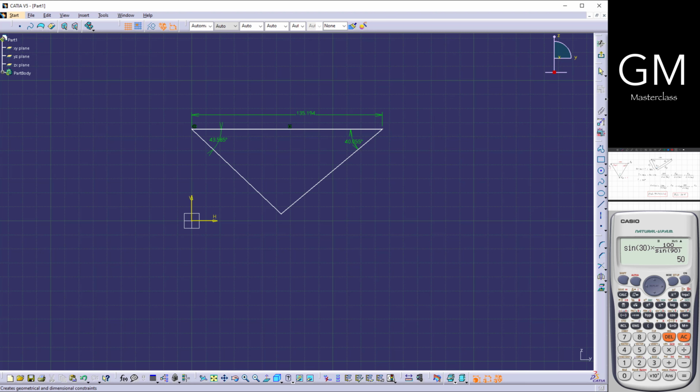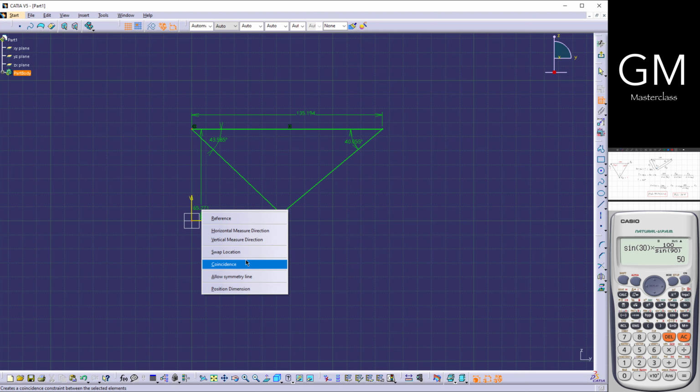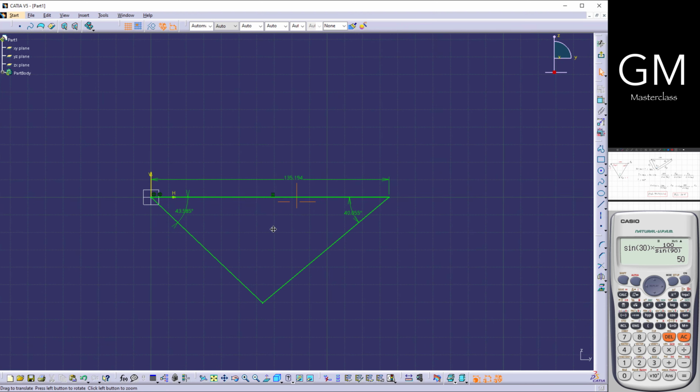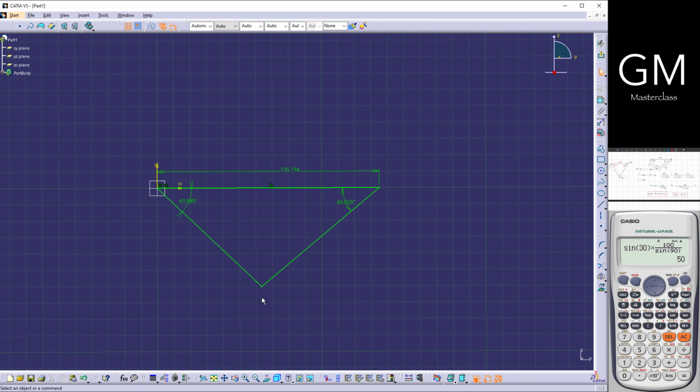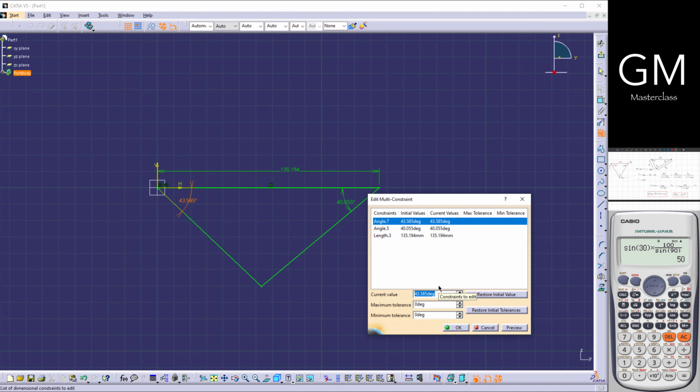Okay, everything is defined, although I want to create a connection between these 2 points. And when the lines are green, that means that everything is defined, so I cannot move anything. Then I'm going to change the values. So this angle is equal to 60, this angle is equal to 30, and this is equal to 100.